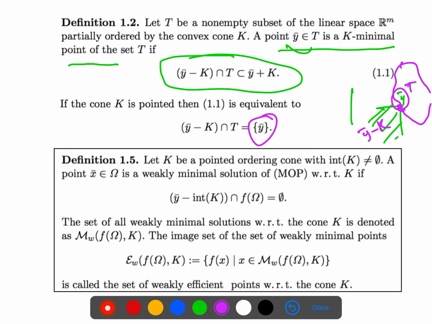If it is y bar, then we say that y bar is a k-minimal point. We need these because we want to create a structure, a partial order, so as to say which point is preferred to, or better than, another point. So when k is pointed, this is the definition of a k-minimal point.